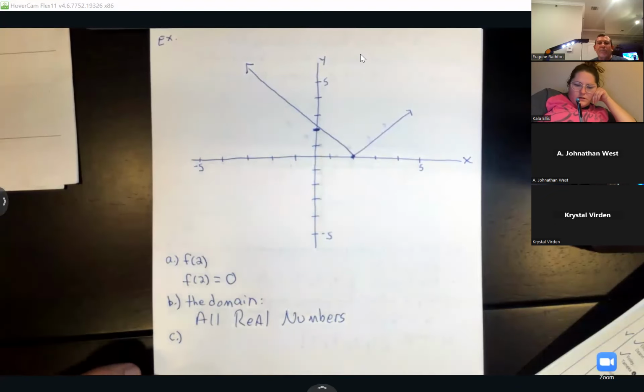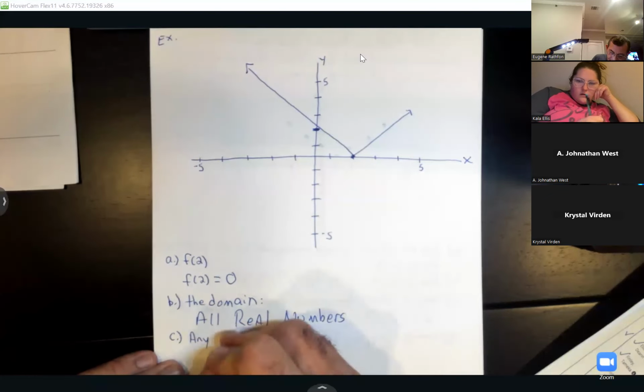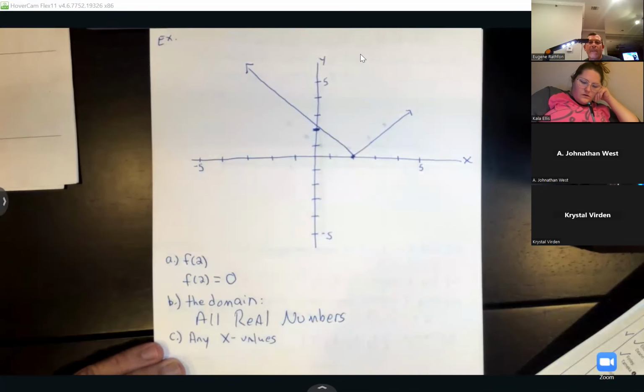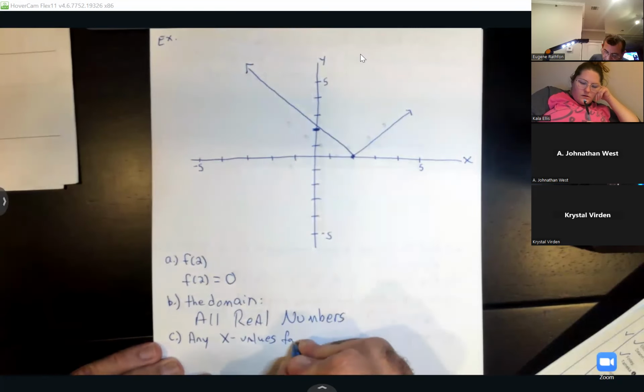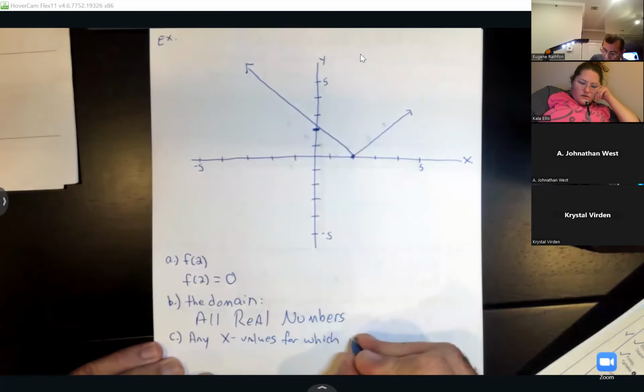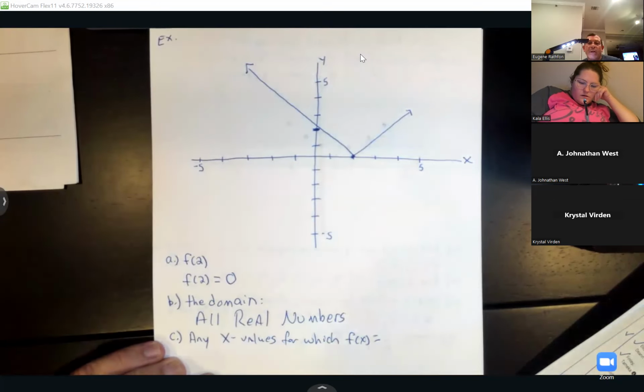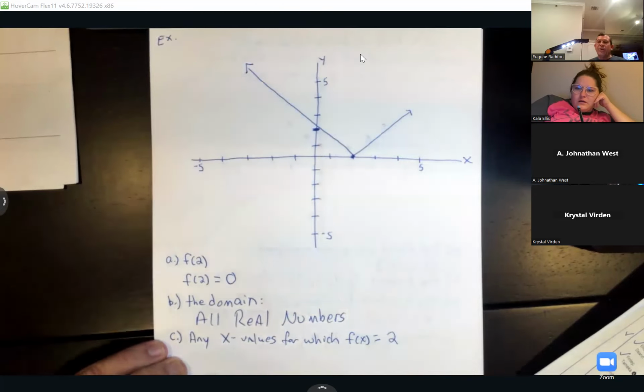All right, y'all, so any x values for which f of x equals 2 again.